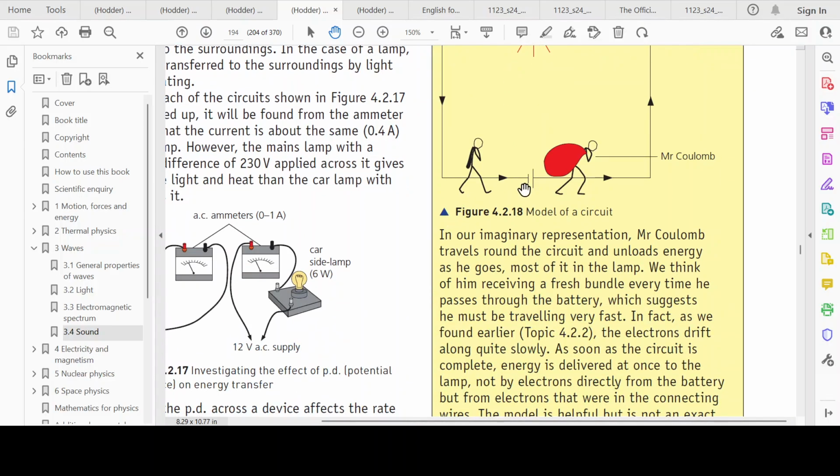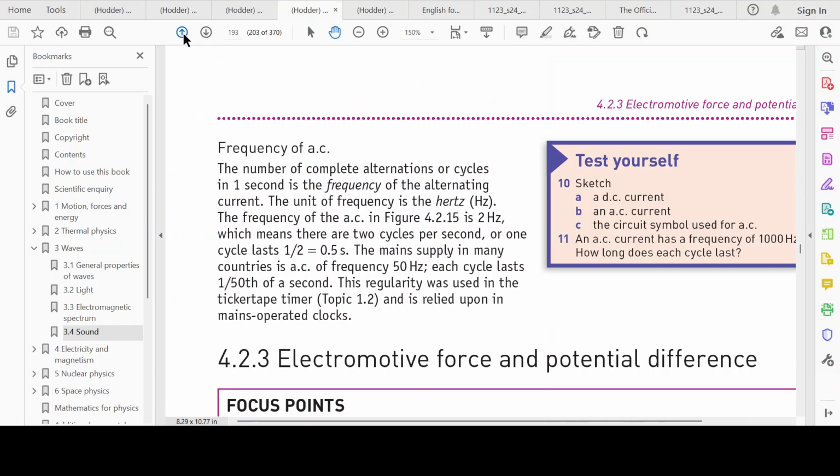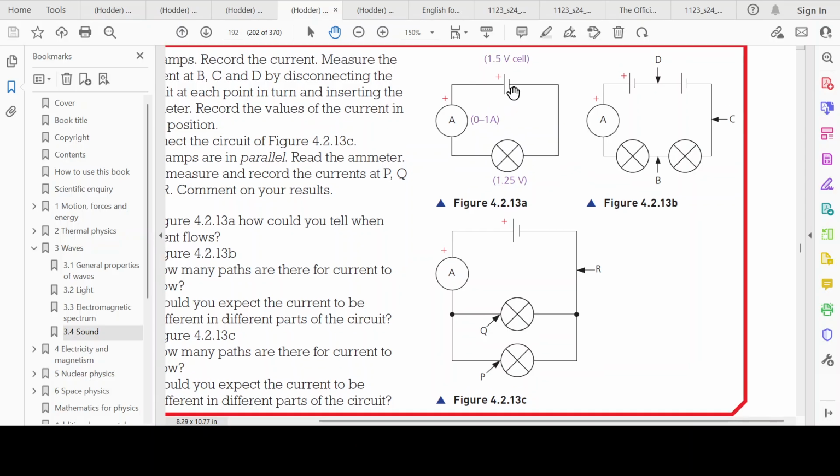The short line and long line is what the power source or battery looks like. The short line is the negative terminal and the long line is the positive terminal. Right, so you can see over here, the long line is the positive terminal, the short line, the circle with the A in it is the ammeter. You've got a lamp over here.